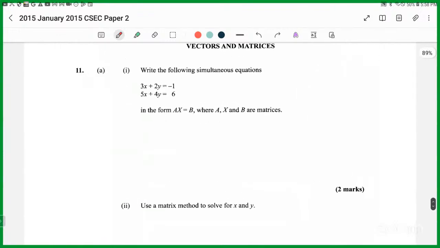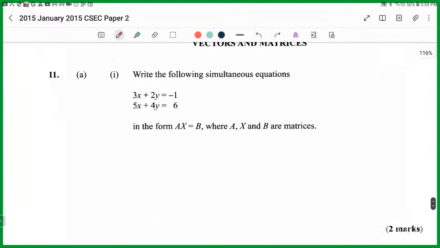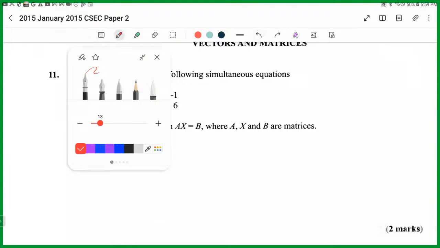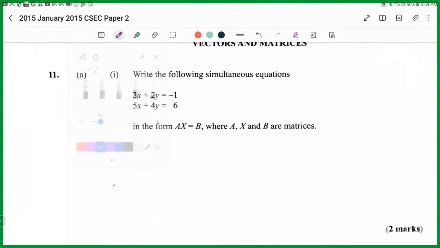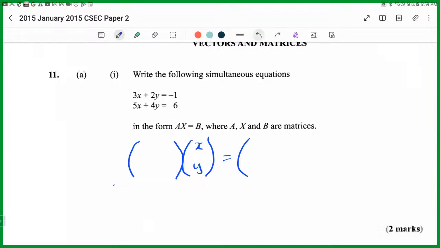This one wants us to write this pair of simultaneous equations as a matrix equation. So it is simple. X followed by y, two equations. So the matrix equation becomes a 2 by 2 matrix and a column matrix xy equals a column matrix with these values, the 1, 6.